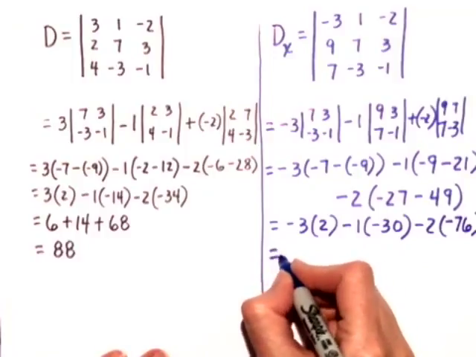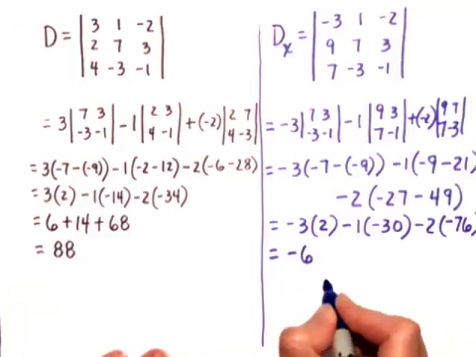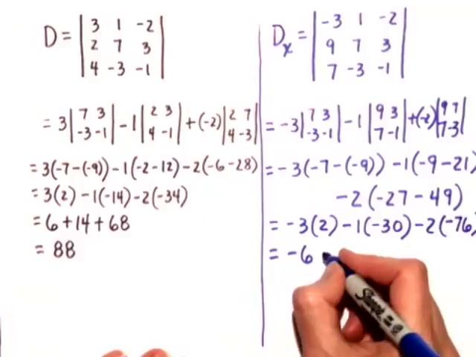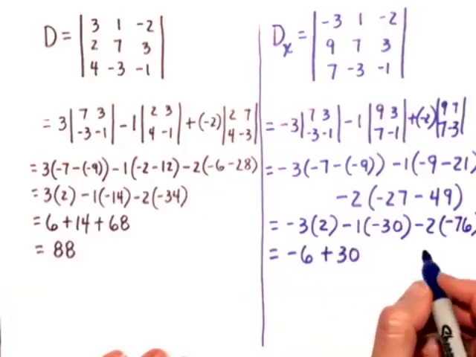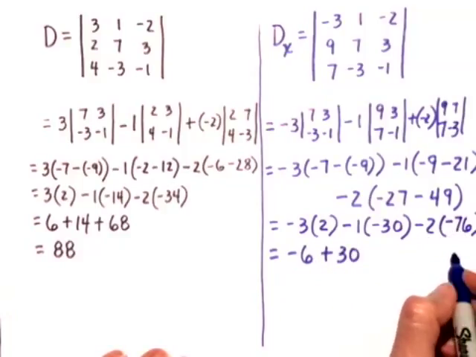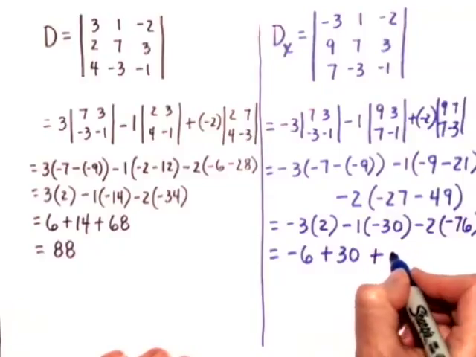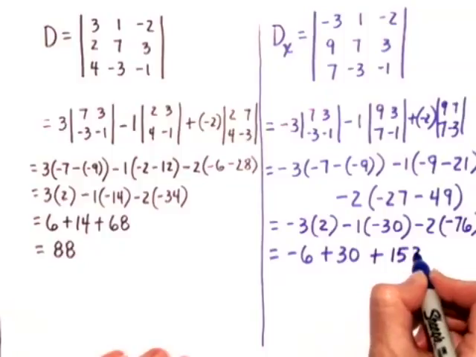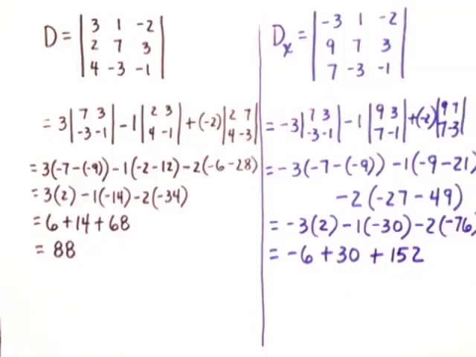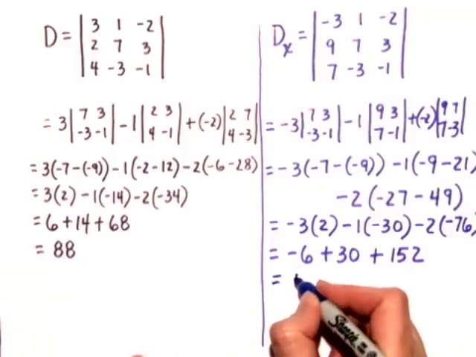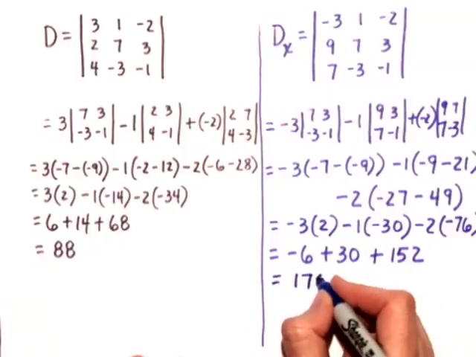And this gives us negative 3 times 2 is negative 6, minus 1 times negative 30 is plus 30, minus 2 times negative 76 is going to give us plus 152. And we have a total of negative 6 plus 30 plus 152 gives us a total of positive 182 minus 6, looks like positive 176.